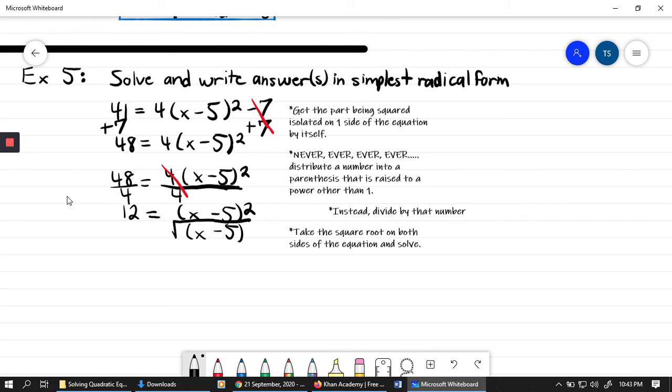X minus 5 squared, and we take the square root of 12. Square root is going to cancel out with the square. And on the right side of the equal sign, we'll be left with x minus 5. On the left side, we've got plus or minus square root of 12.